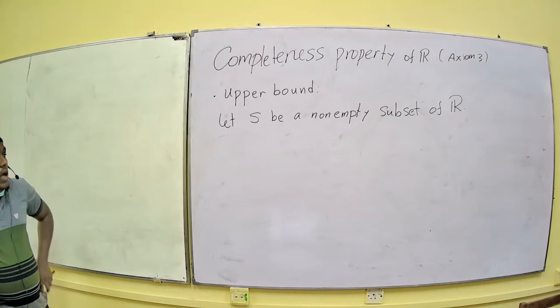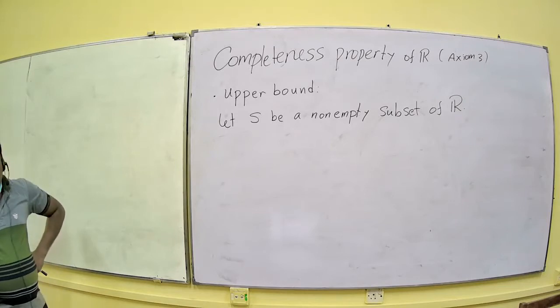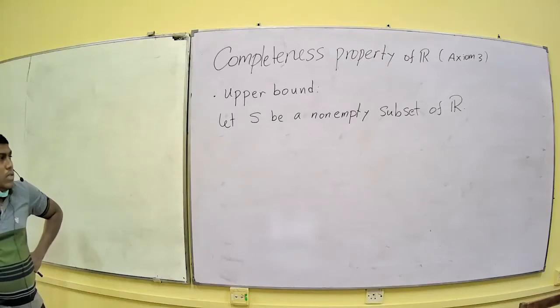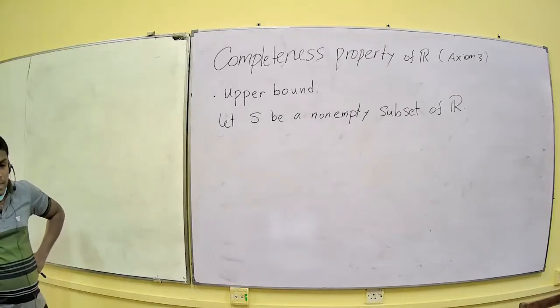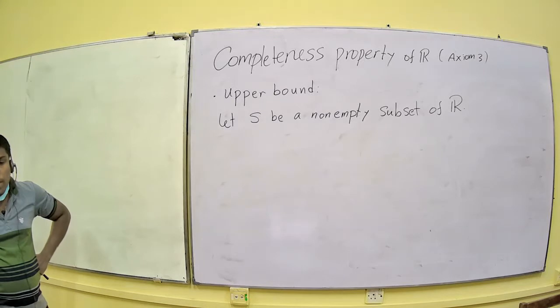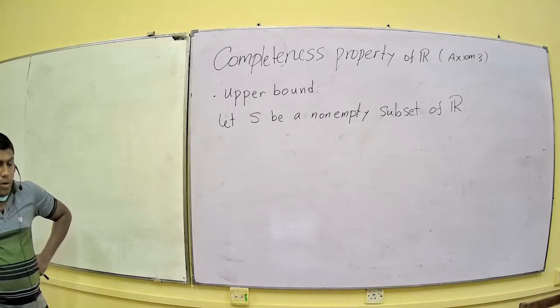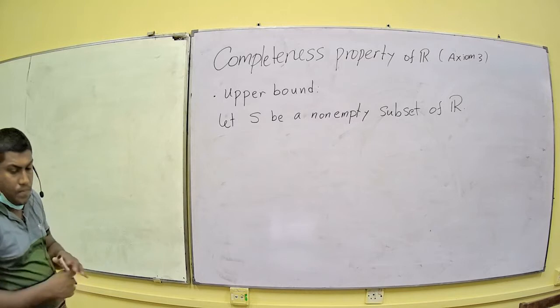Obviously, if it is non-empty, there are some elements. And because it is a subset of real numbers, it satisfies the order property, so you can compare any two elements in the set using the order property.